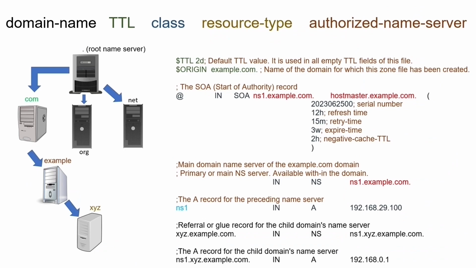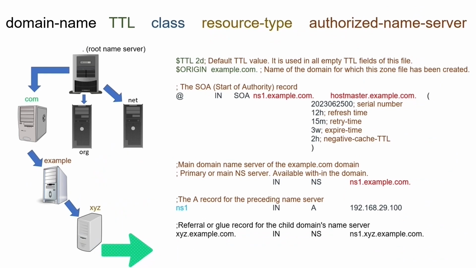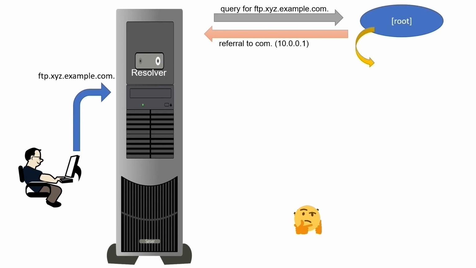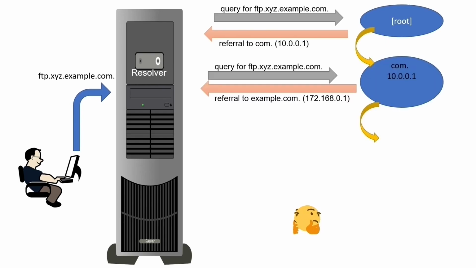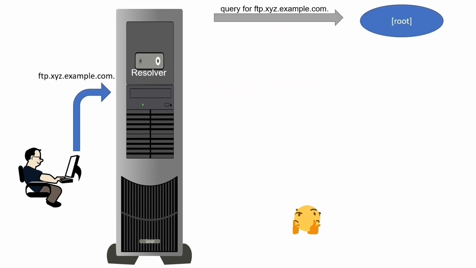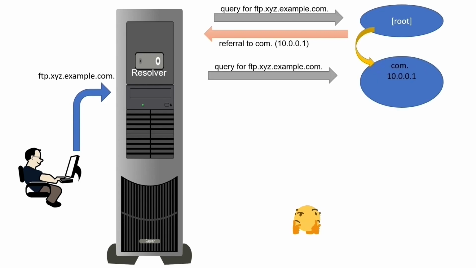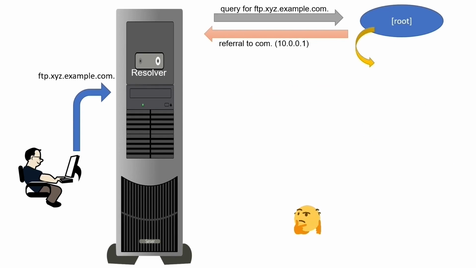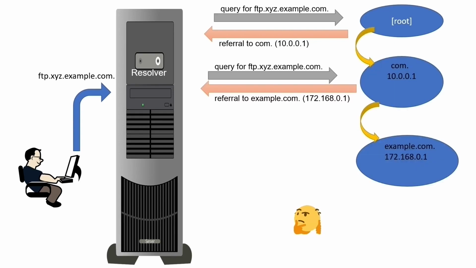Now, let us suppose the administrator forgets to add the IP address in the glue record of xyz.example.com in the zone file of example.com. In this situation, the example name server will provide a referral to the XYZ name server without its IP address. Since the resolver system does not know the IP address of the XYZ name server, it has to resolve this name first. To resolve this name, it follows the same steps.